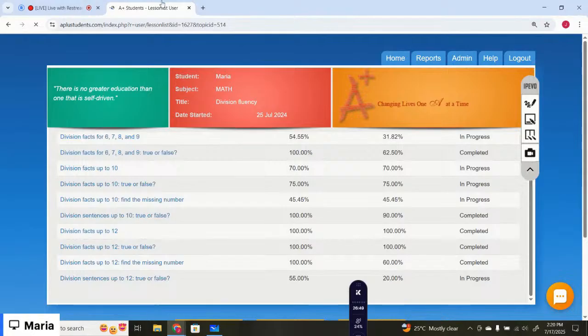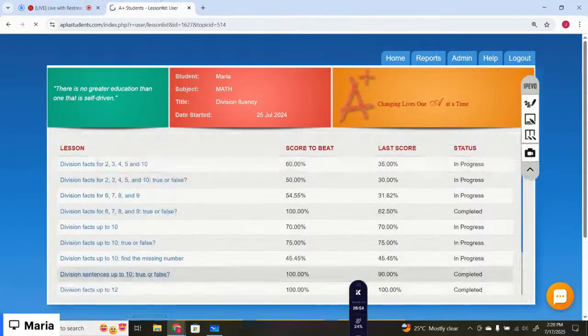That is division facts up to 10, true or false.